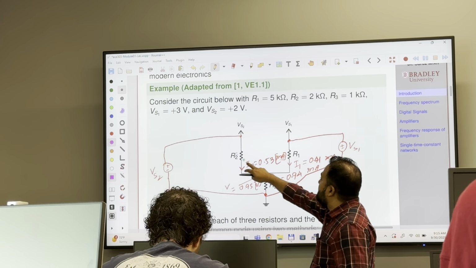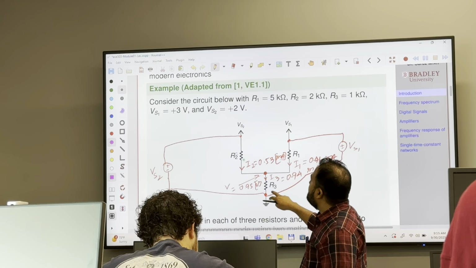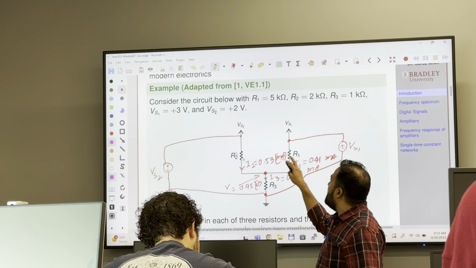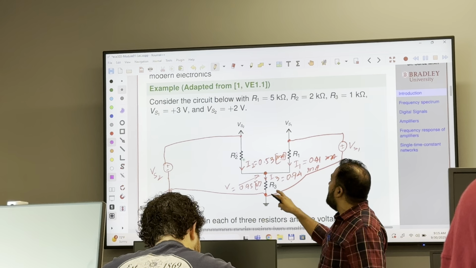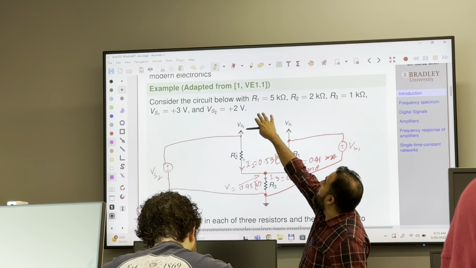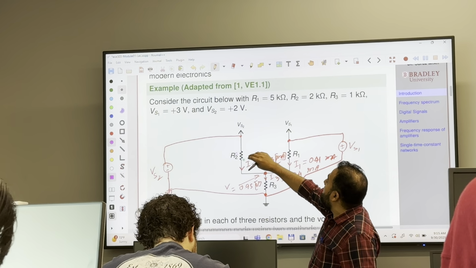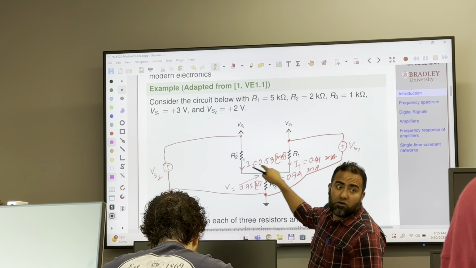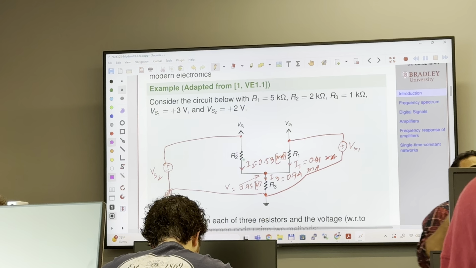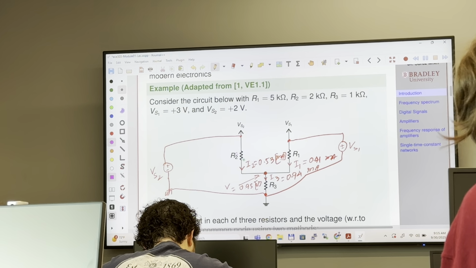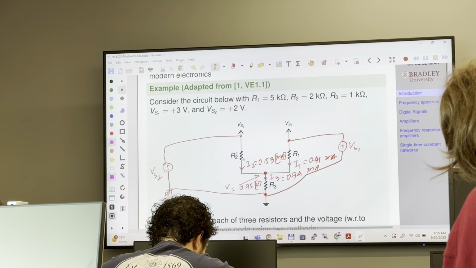I will give you variables, just like what I did right here. Okay? I will give you variables R1, R2, VS1, VS2, R3. Please, based on the data that are given on top of the problem, immediately write down the values. That way I will know at least you are working on the circuit.